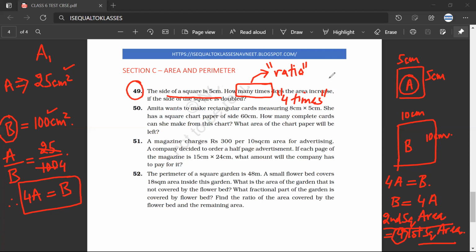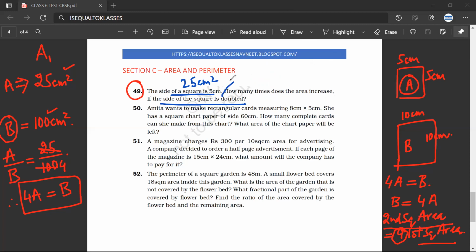No, sir. Basically, Satya, if you find all this confusing, then a very simple way of doing this question is that area of this is 25 centimeters square. How many times does the area increase if the side of the square is doubled?